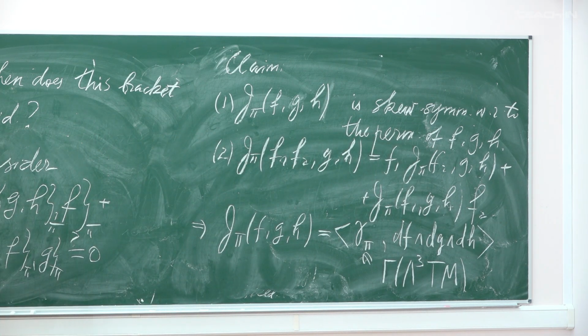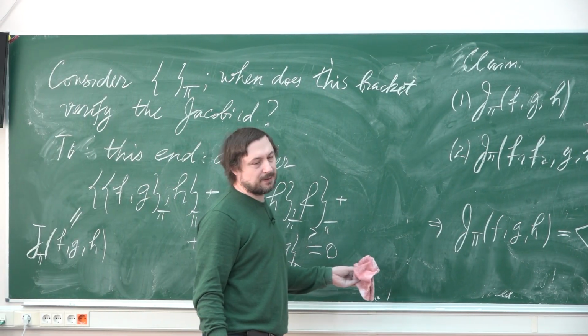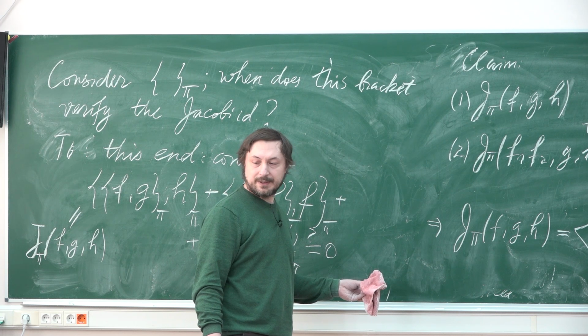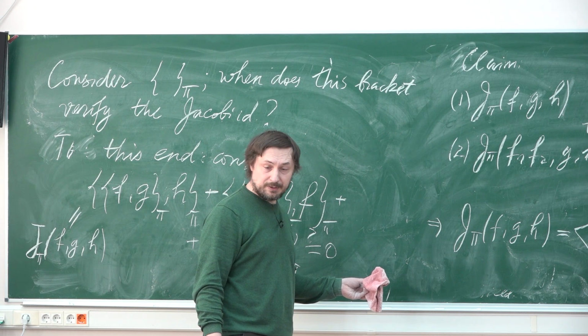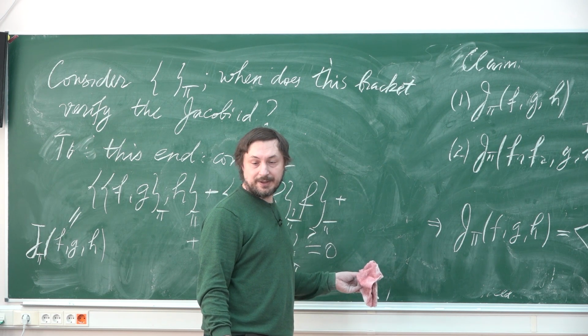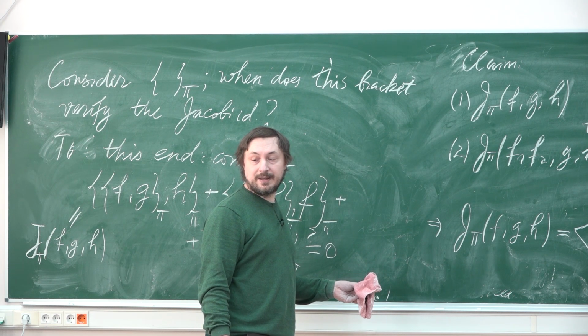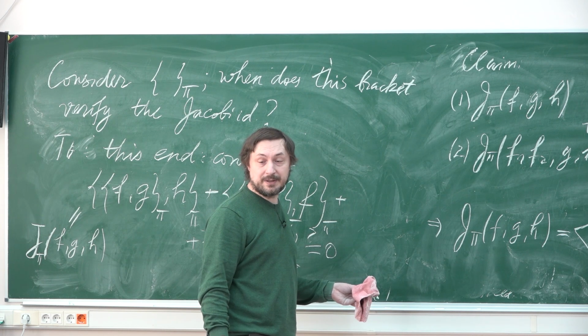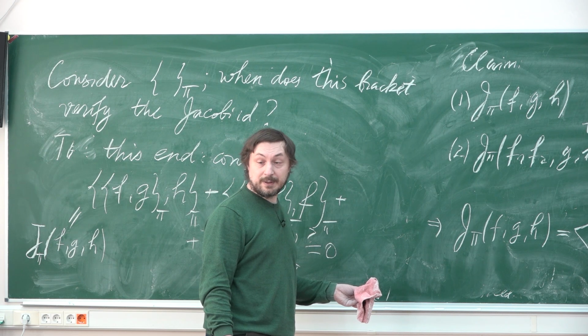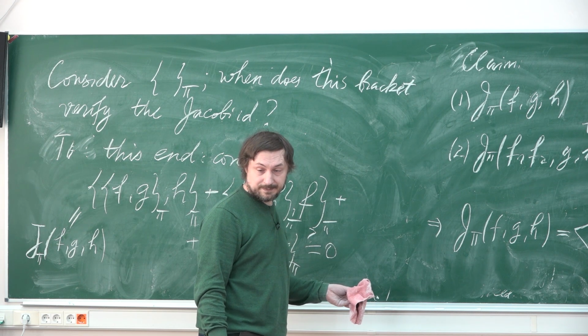It is our purpose now to identify this trivector field. In the case when we spoke about the Jacobi identity for the Poisson bracket on the dual space of a Lie algebra, it was easy, right? We just checked the identity by hand, and we saw that what we got was just the usual Jacobi identity for the commutator in the Lie algebra.